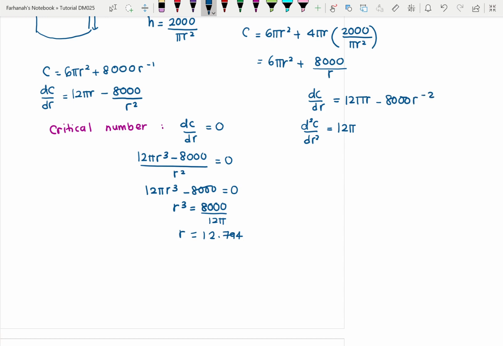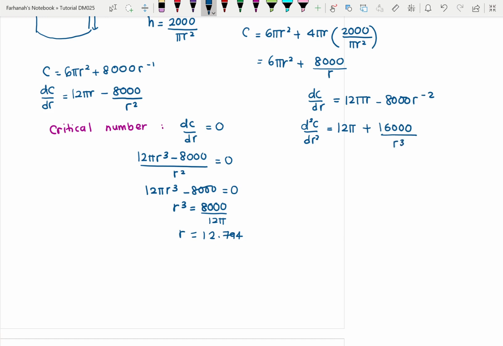Okay, so yang ni kalau kita differentiate dapat 12 pi plus with 16,000 r to the power of negative 3. So, saya bawa ke bawah terus r to the power of 3 lah, r cube.